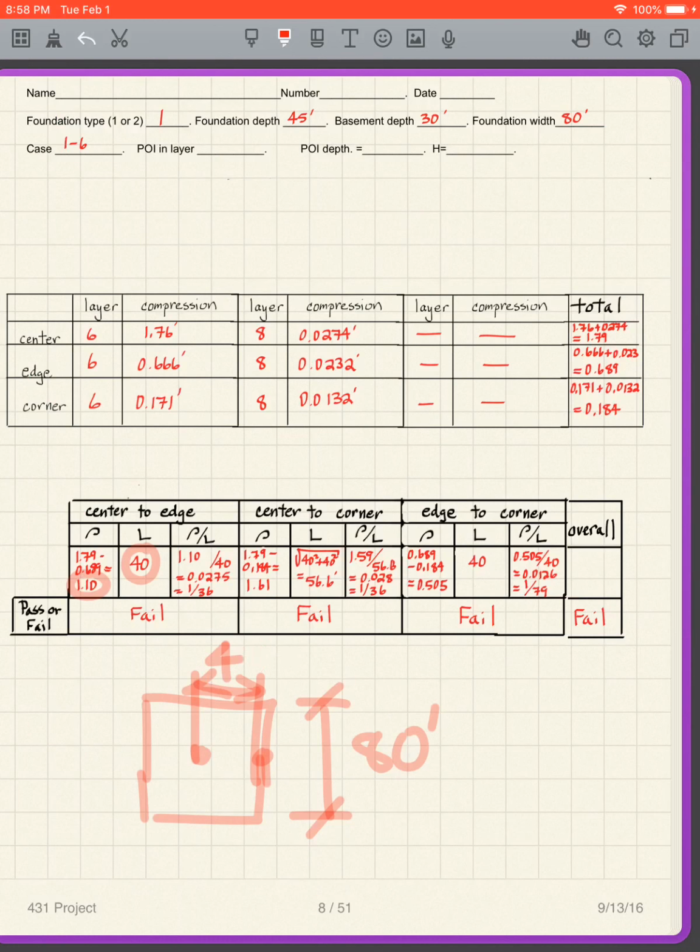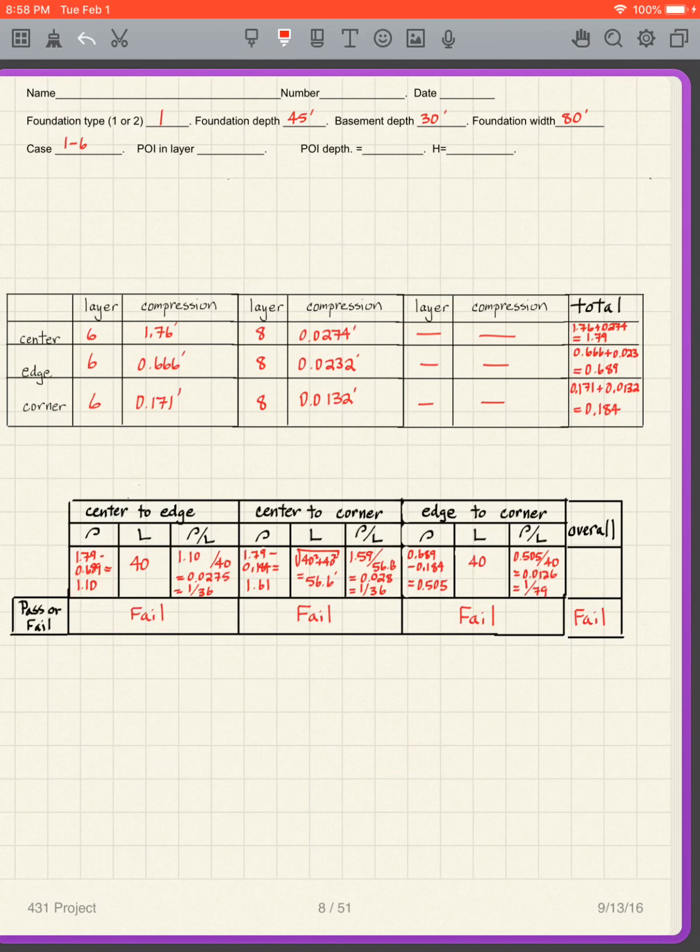So I can then compute rho over L. I get 1 over 36, which fails. And we do the same thing, center to corner, edge to corner. You can look at that, and in this particular case, all of them fail. The only trick here is the length from center to corner, because here's my structure, there's my center, there's my corner. I have to get that length L, and what is that?